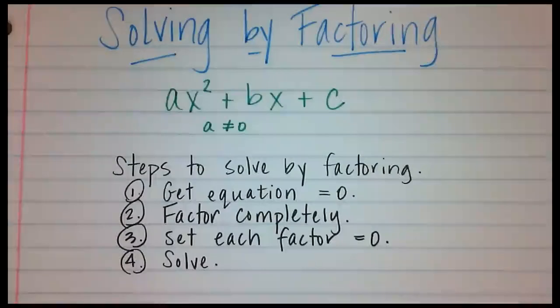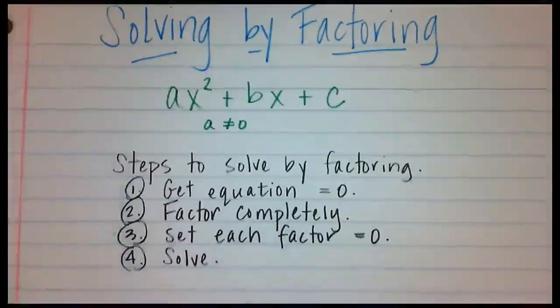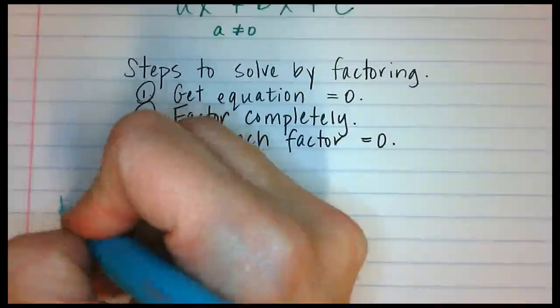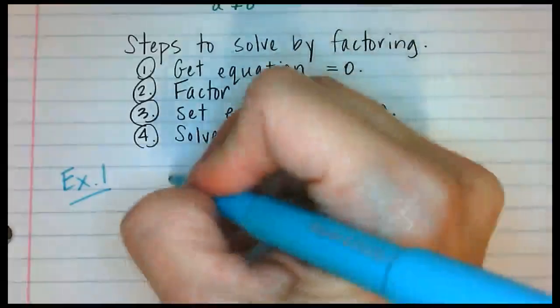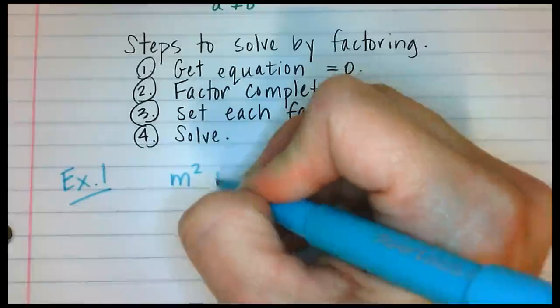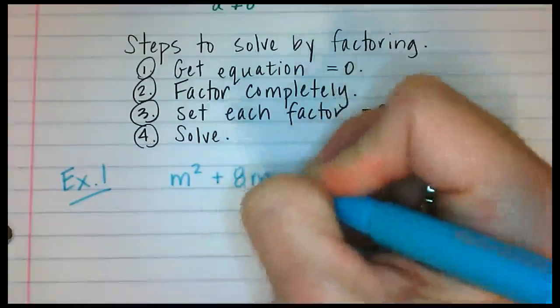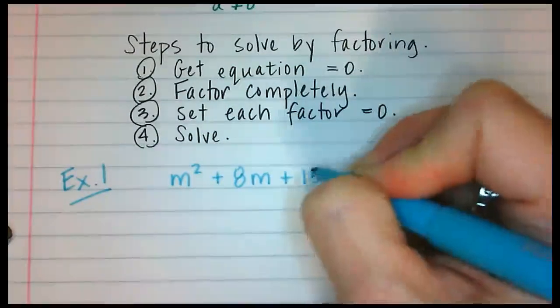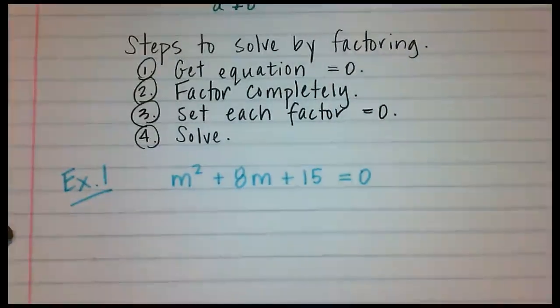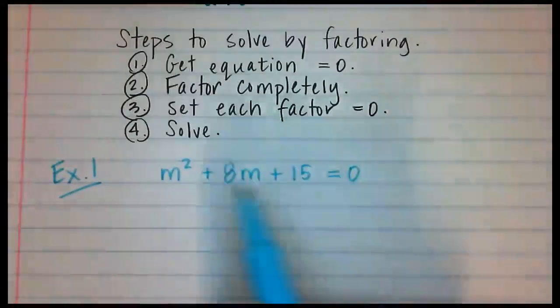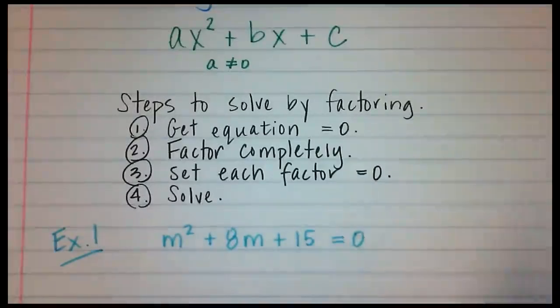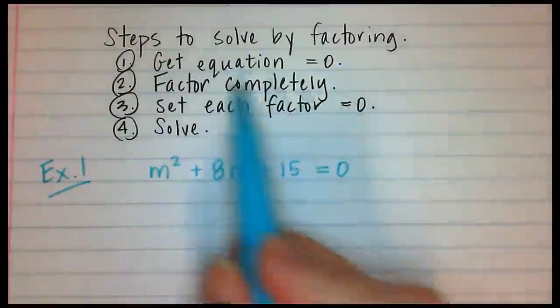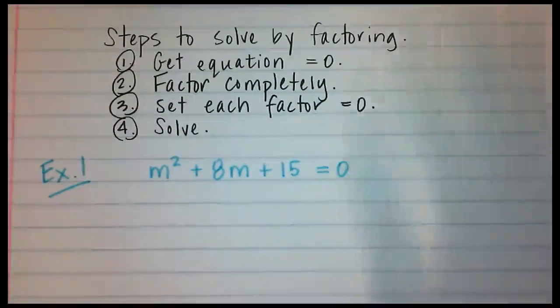First up, I think we've done this one a lot, but we might as well use this example again: m squared plus 8m plus 15 equals 0. The first thing we need to do is get the equation equal to 0. That's already done, so step 1 is done. Next we need to factor completely.